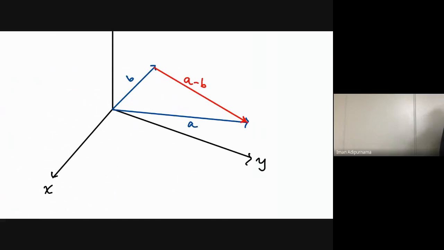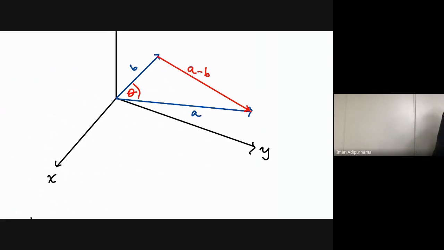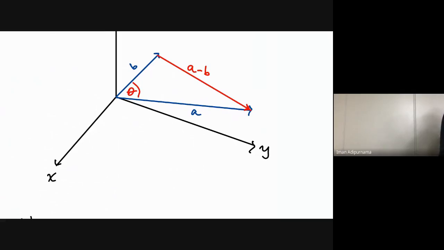And sometimes we can also observe the geometric interpretation, where we have angle theta between A and B, okay? So for the dot product A dot B, we can represent it in terms of angle theta.